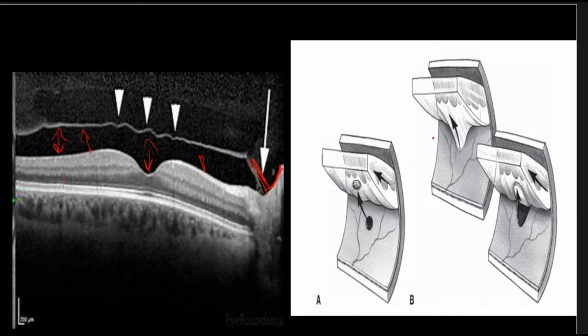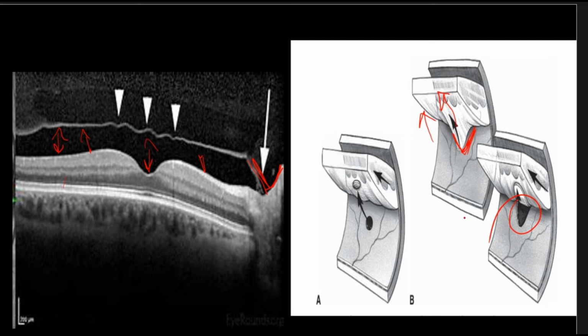When the vitreous starts separating from the retina, it becomes quite difficult for it to separate from those areas of dense vitreoretinal adhesions. So in these areas, as the vitreous tries to separate forcefully, it also takes along with itself some part of the retina, leading to the development of this retinal break, right?